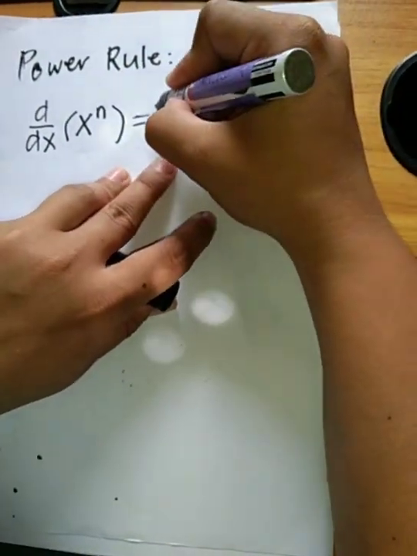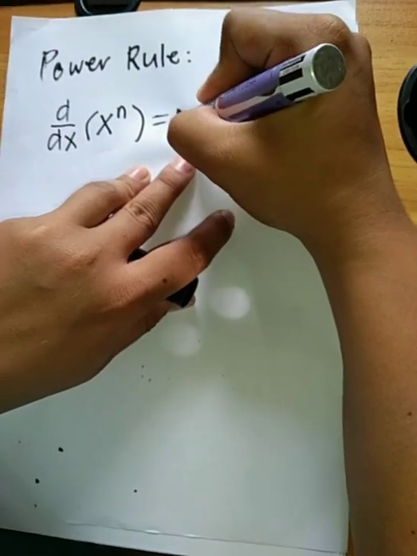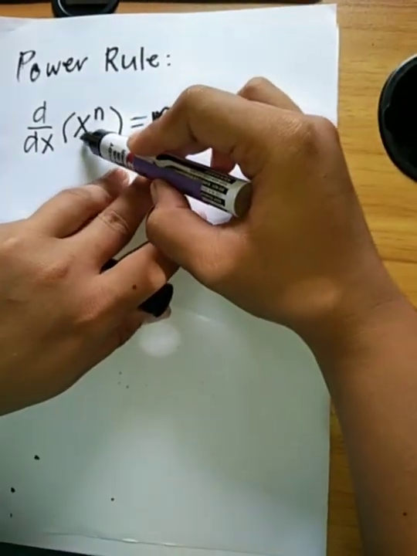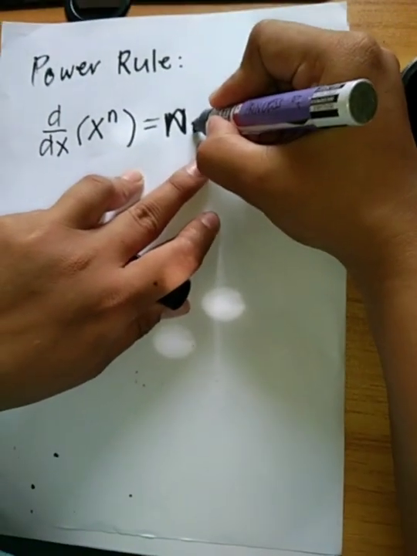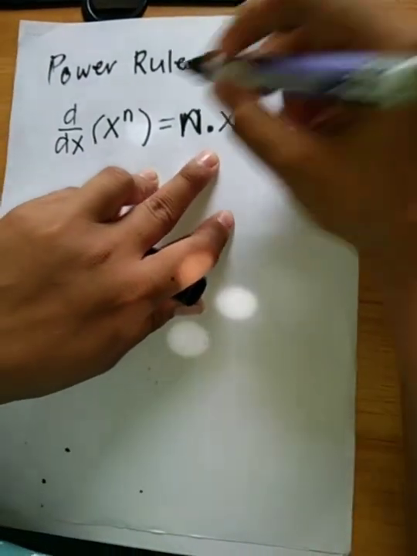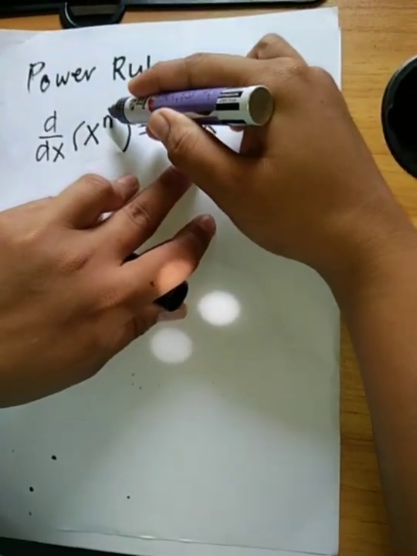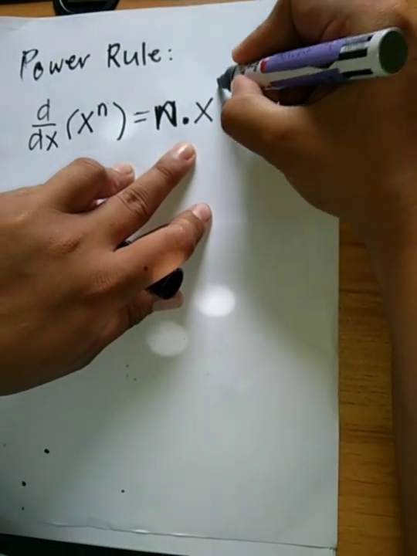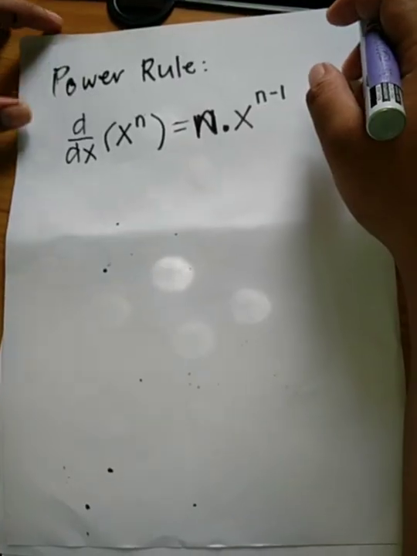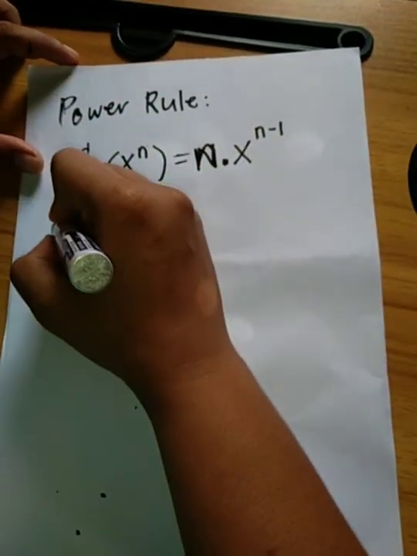We put the n in the front, and then put the x, and then the exponent in this formula is going to be n minus 1. I will give an example.